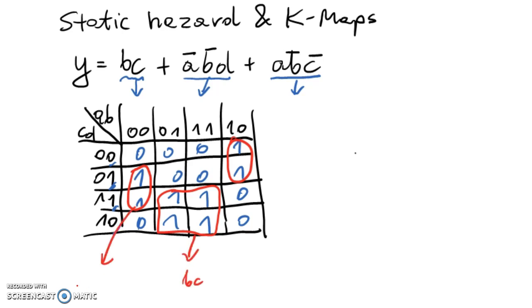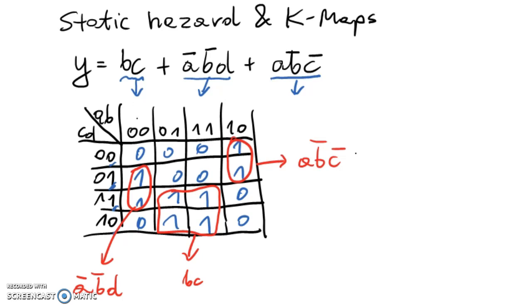This one is not A, not B, D, and this one is A, not B, not C. But looking at the neighboring ones, there exist neighbors not being in the same group. Okay? And this is the hazard detection.